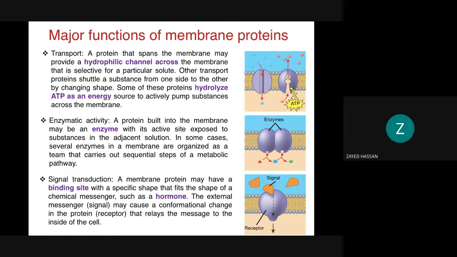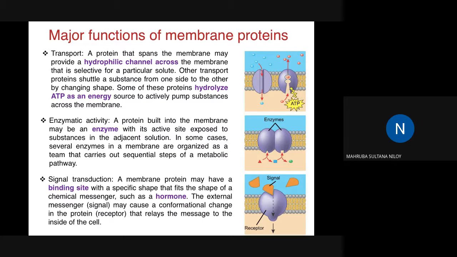There are protein channels present in the phospholipid bilayer or plasma membrane where particles can get inside without ATP energy also, and it's selective, not every kind of particle. Selective particles can get in with the help of energy or without the help of energy. In the same way, particles can also get out of the cell by using energy from ATP or not using energy from ATP, depending on the situation.